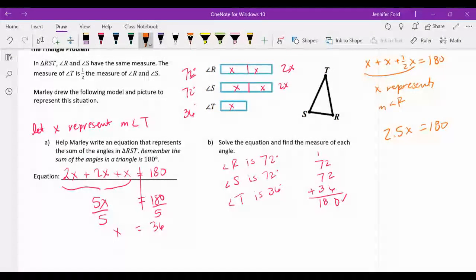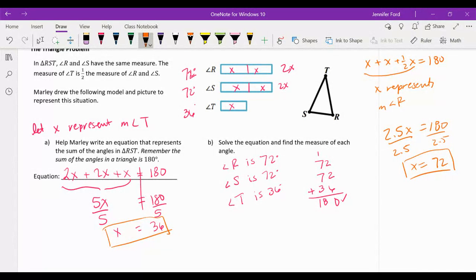2.5X is 180. Divide both sides by 2.5. X equals 180 divided by 2.5, on my calculator, is 72. So I get a different answer here. In my first equation, X was 36. In my second equation, or in my orange equation, X is 72.